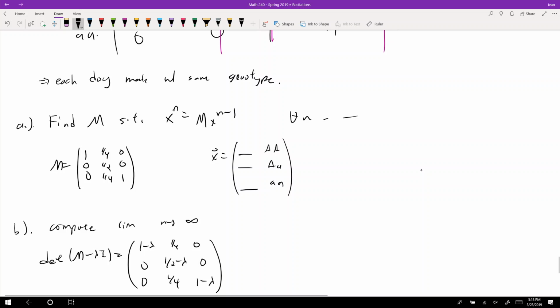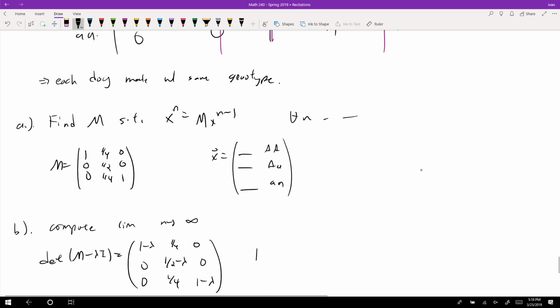What's the absolute easiest way to get this characteristic polynomial? Expansion where? Yeah, first column. Or second row, I guess that works too.